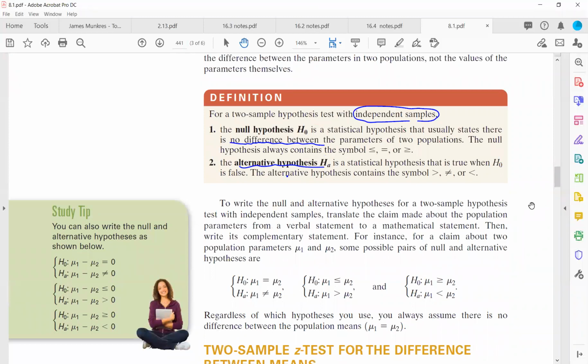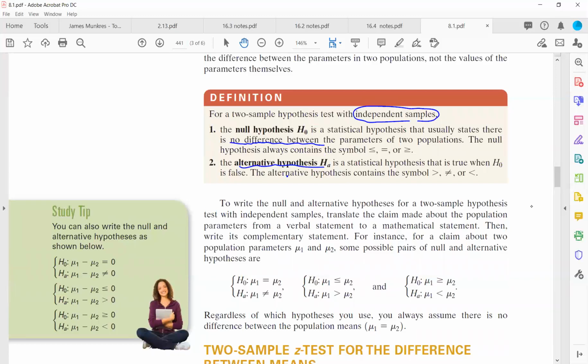Mathematically, the null hypothesis says the first population mean is equal to the second population mean. The alternative hypothesis, which is the opposite of equal to, is not equal to. They are not equal to each other.